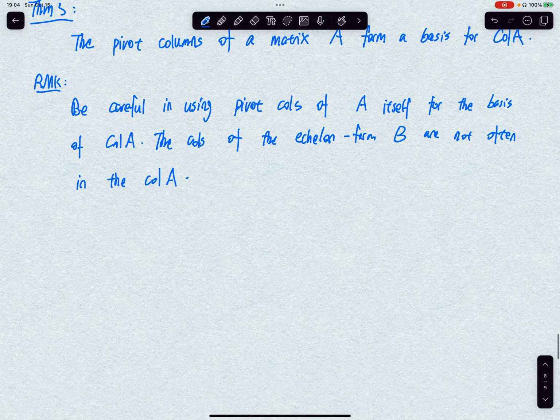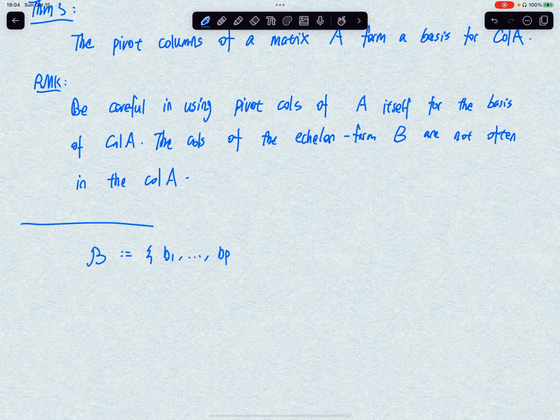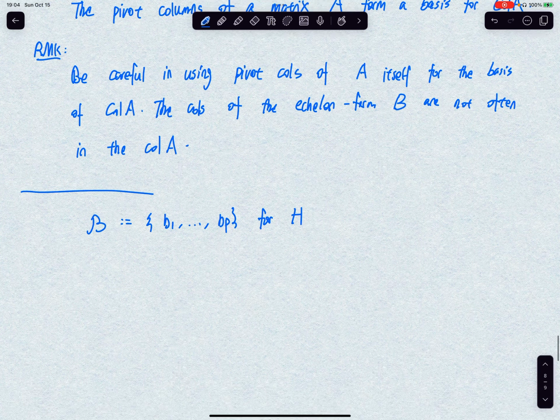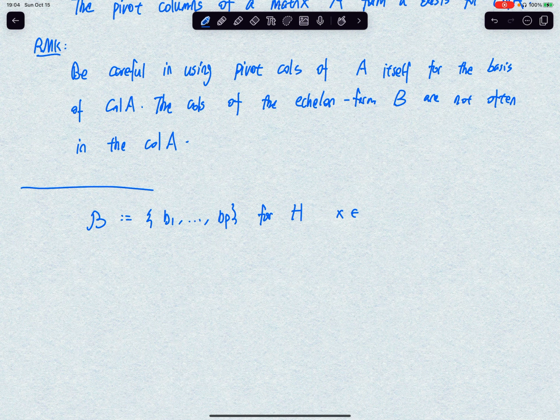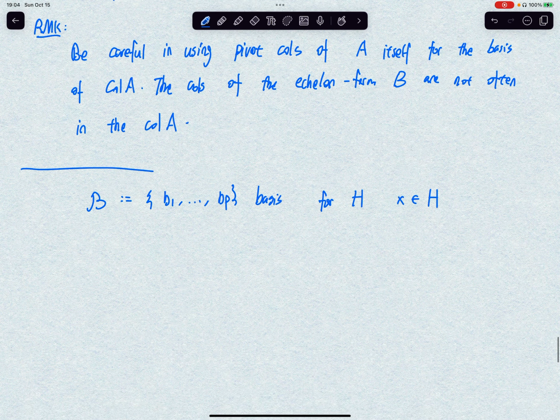So suppose B is a basis for H, and suppose that x is a vector in H.